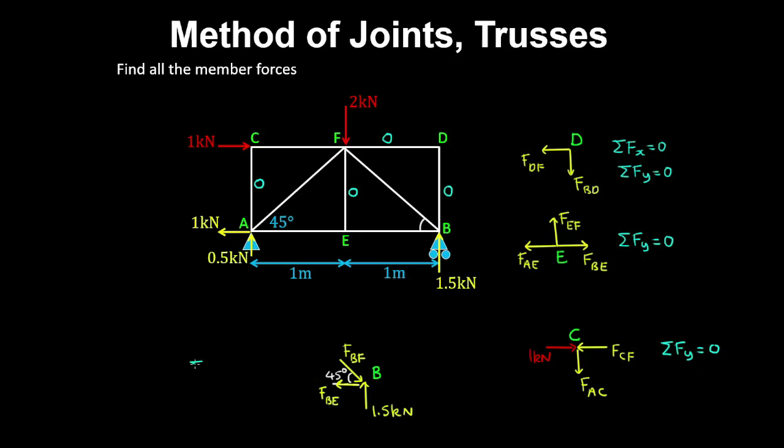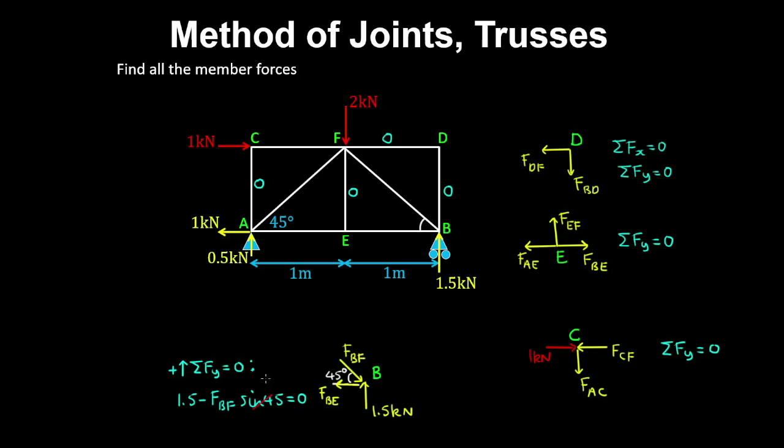And now if we take a vertical force equilibrium with the positive forces acting upwards, then we have 1.5 kilonewtons minus FBF sine 45 degrees, and that's equal to 0.